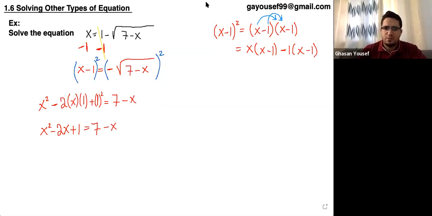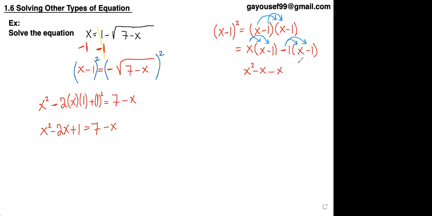Now again, distribute the x inside the parentheses and distribute the minus 1 inside the parentheses. So x times x, and x times minus 1, minus 1 times x, and minus 1 times minus 1. Here, x times x is x squared, x times minus 1 is minus x, minus 1 times x is minus x, and minus 1 times minus 1 gives me plus 1.